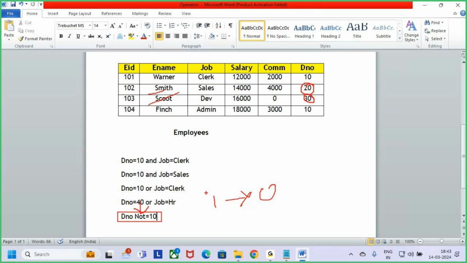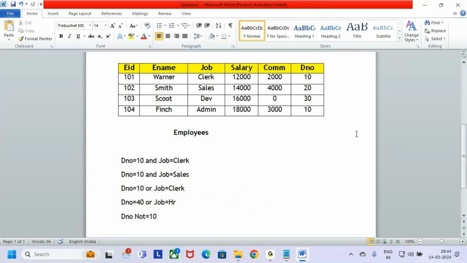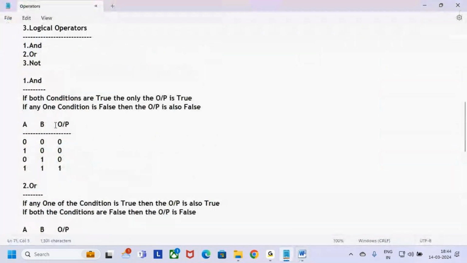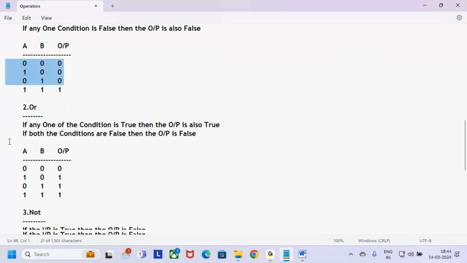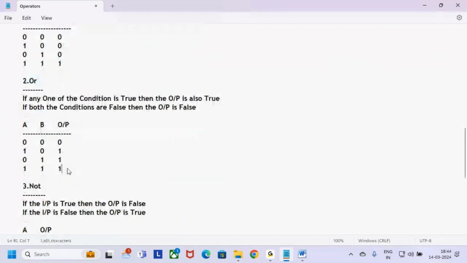So these are the different types of logical operators available. In the logical operators, the first one is what? The AND logical operator. In the AND operator, if both the conditions are true, then only the output is true. In all the remaining cases, the output is false. Coming to the OR operator, if any one of the conditions is true, we'll get the output as true.